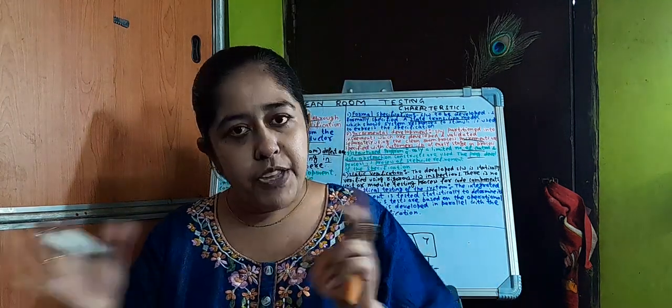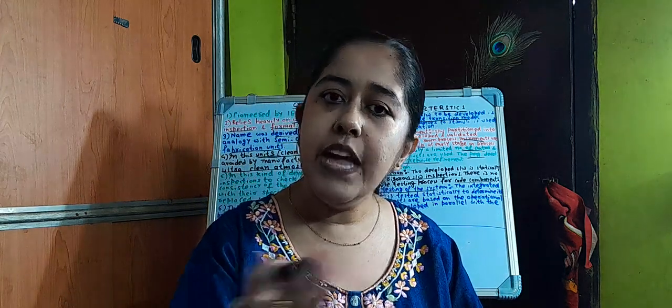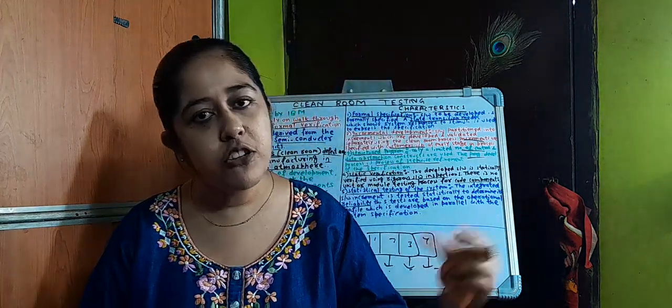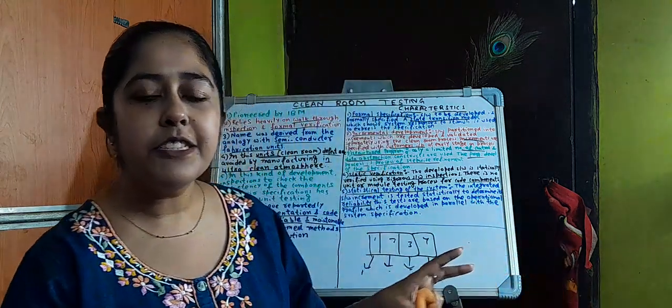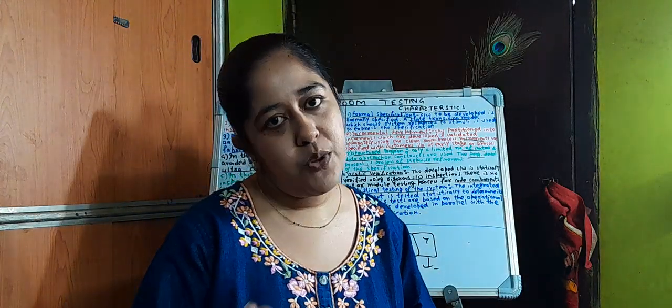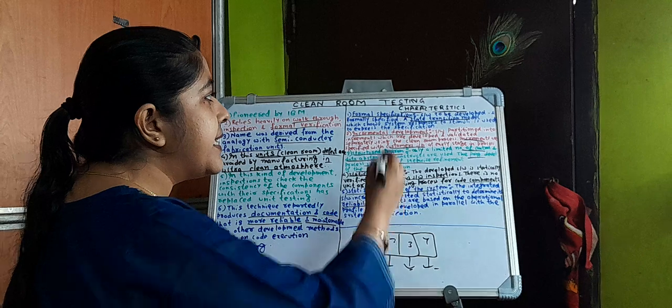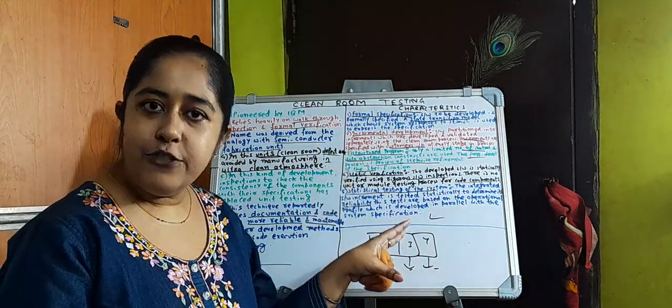So with reference to your operational profile, whatever tests are needed for your software, those tests are done so that your system is fully and perfectly operational. Okay, so these are the basic characteristics of your clean room testing.